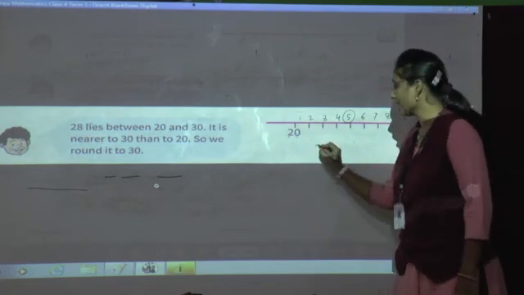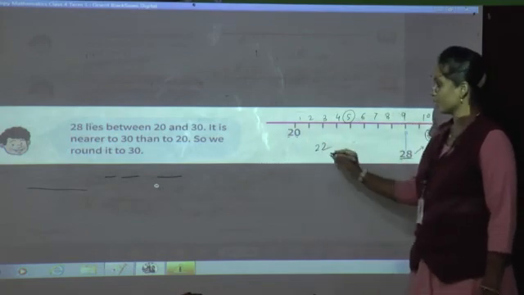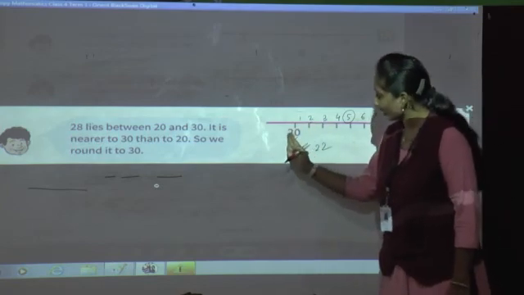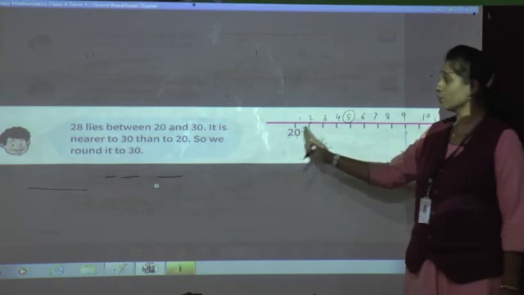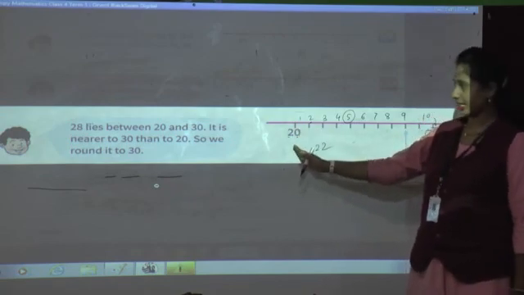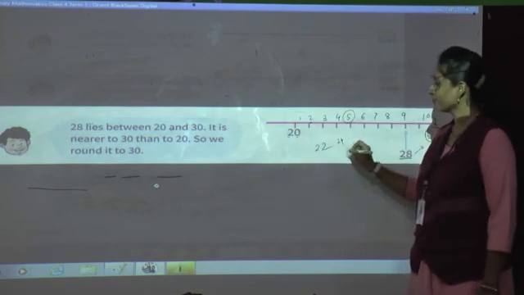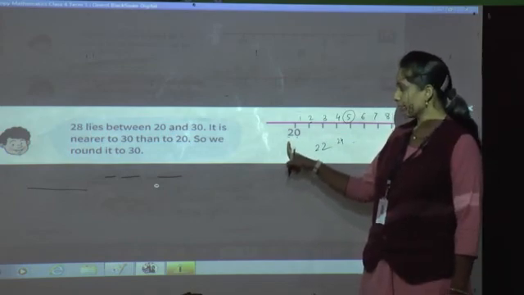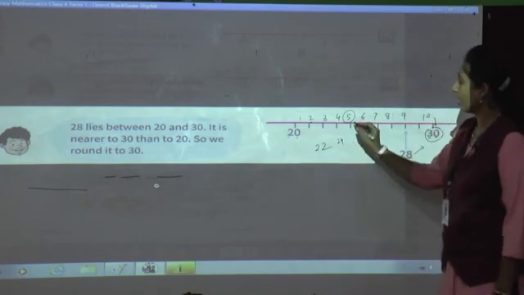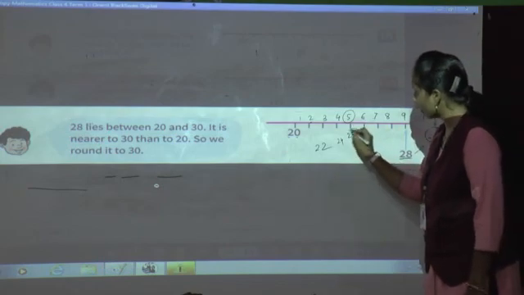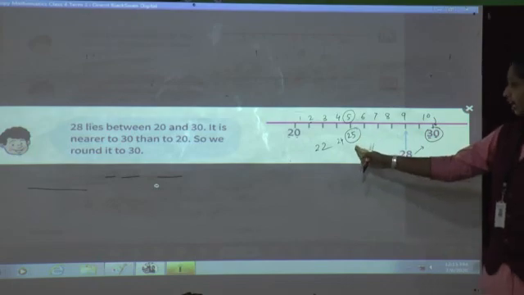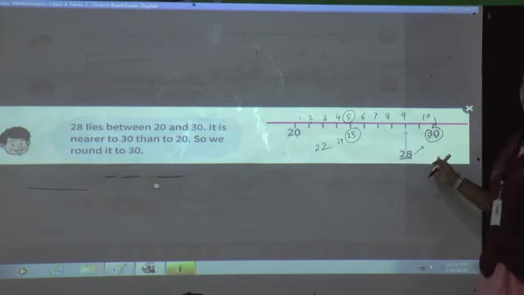If suppose they had given 22, the nearest number is 20. If suppose 24, the nearest round number is 20 only. If suppose it is 25, we can round it to 30.